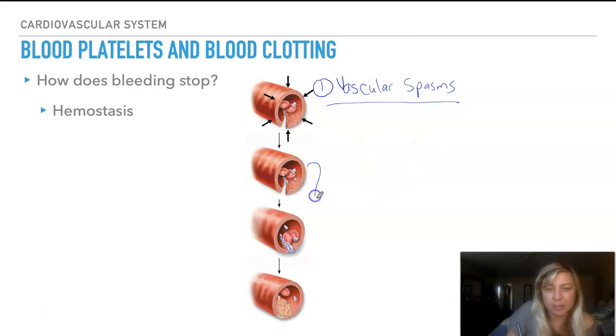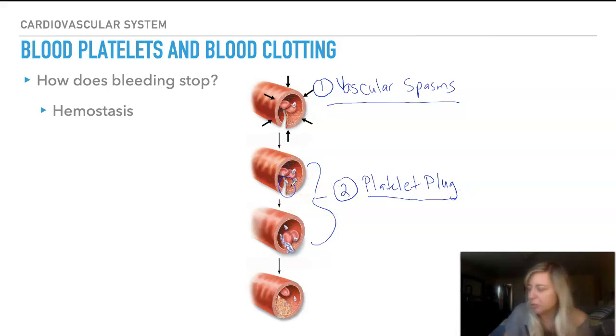Our second step, which is highlighted in both of these pictures, is the formation of what is called a platelet plug. So the platelet plug is going to form from the adhering of platelets to the site of the break. So when we have a break in a blood vessel, you can't see them here very well, but we'll draw them in. We have fibers of collagen that get exposed, and the platelets stick to these.